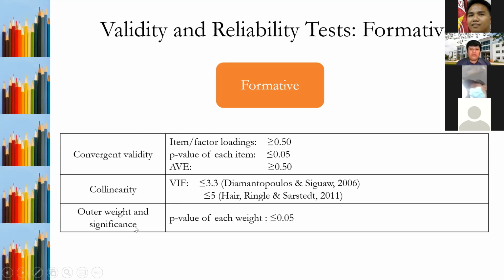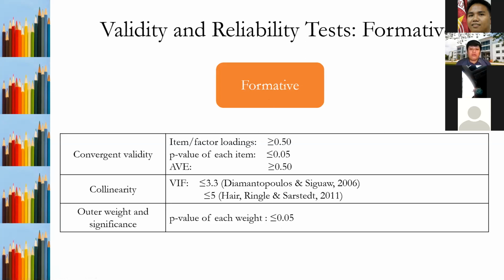For outer weight and significance, your outer weight should always be significant. It means the p-value of each weight should be equal to or lower than 0.05. So these are the requirements or the thresholds if you will be measuring a construct formatively. Again, these are basically thresholds that we need to follow.